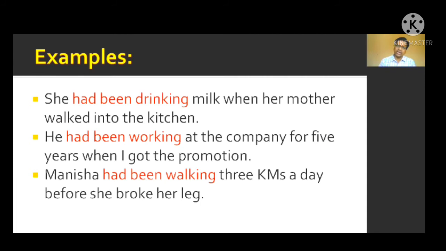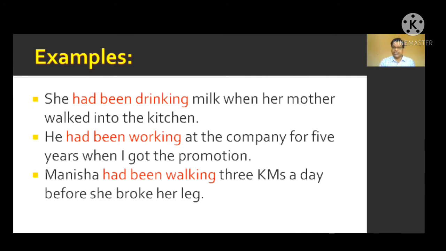He had been working at the company for 5 years when I got the promotion. Suppose I got the promotion in 2020, right? So he had been working at the company for 5 years.